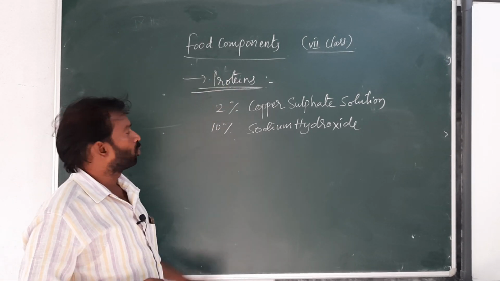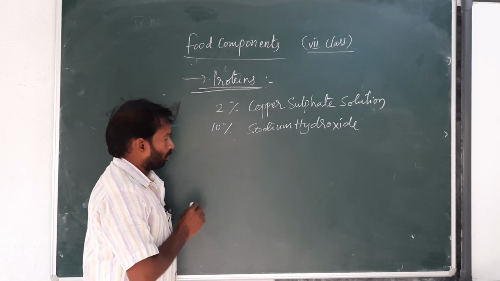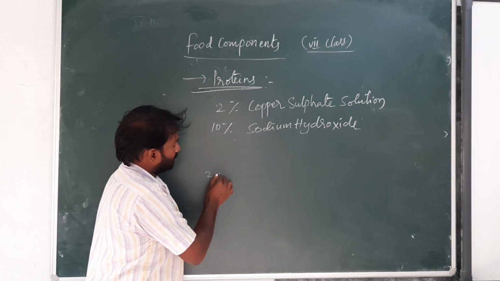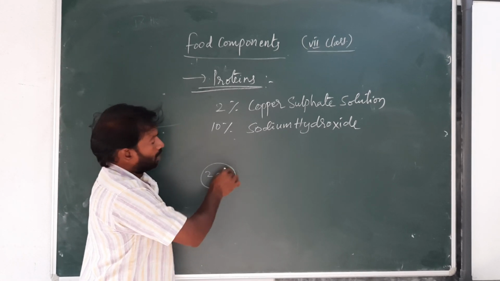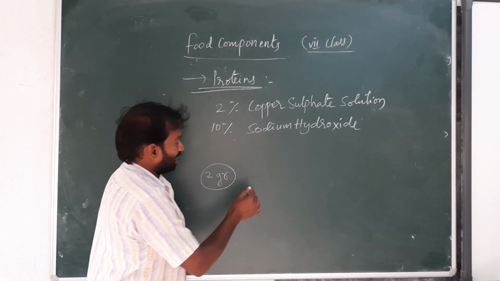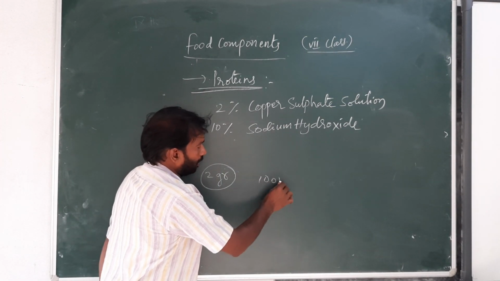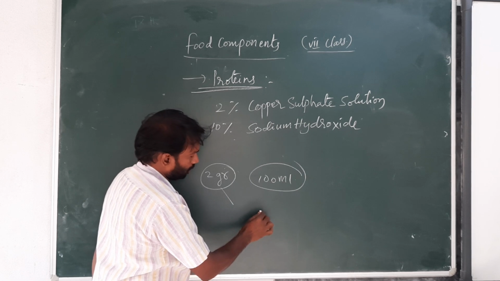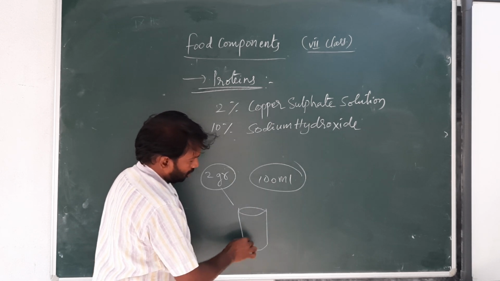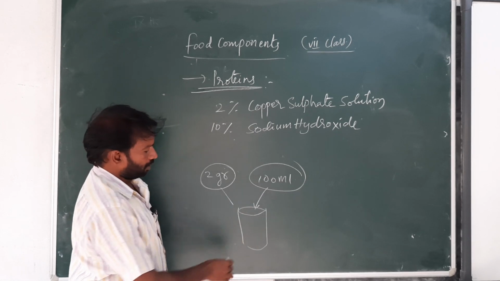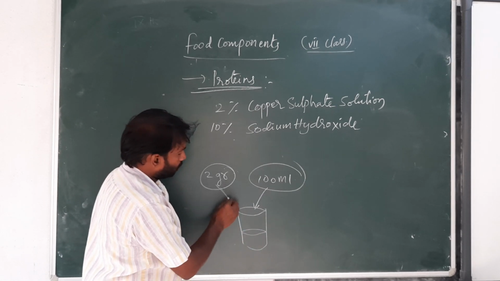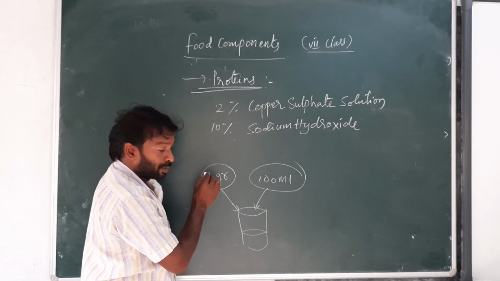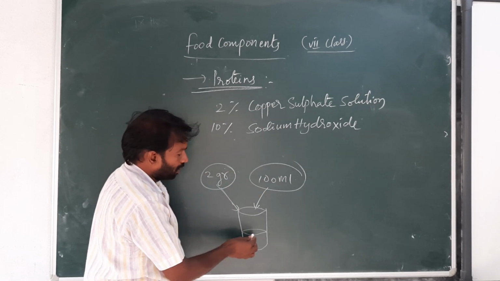How can we prepare 2% copper sulfate solution? For that, take 100 ml of water in this test tube and dissolve 2 grams of copper sulfate in it.